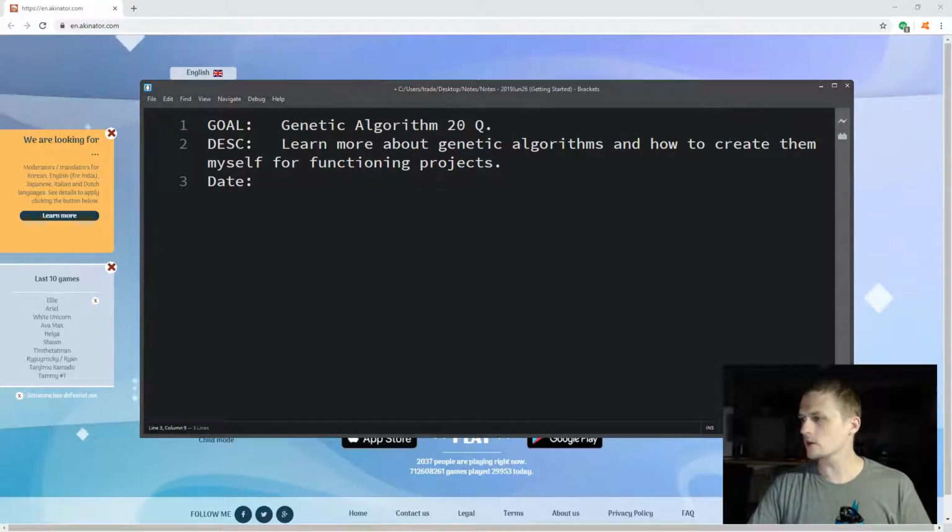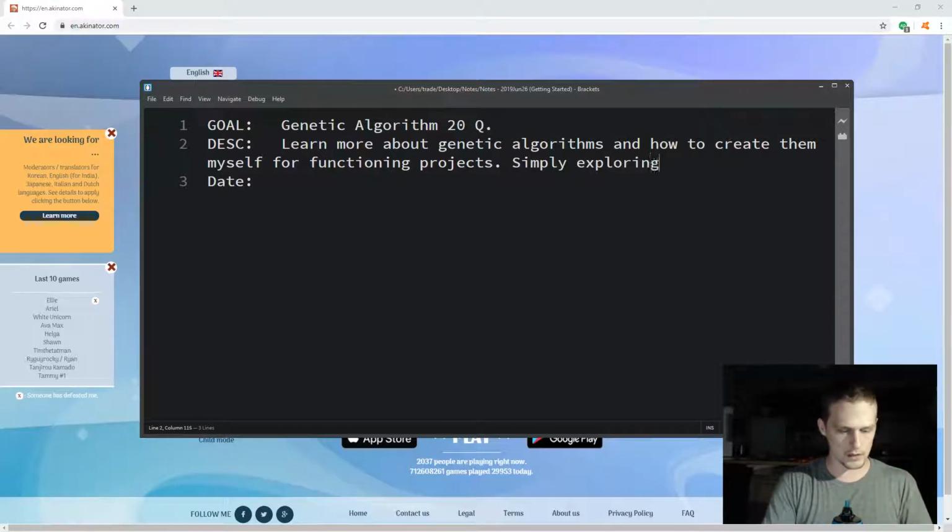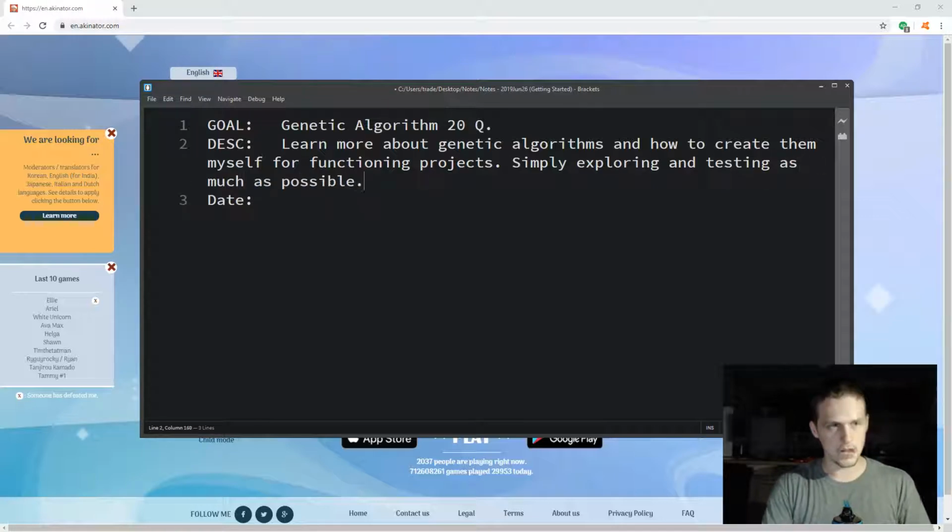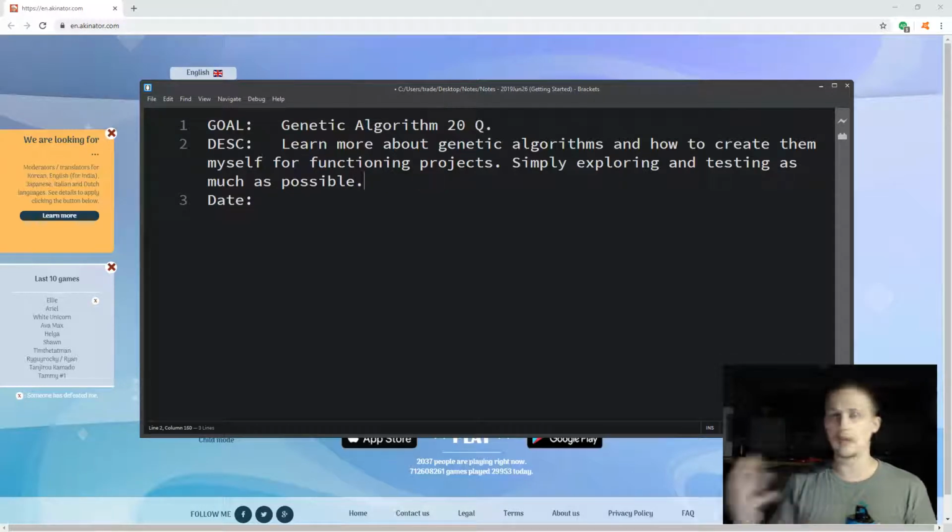No, I'm going to probably give myself this week. For the remainder of these next 3 days, I'm going to give myself just, how can I explore the idea? Okay? Simply exploring and testing as much as possible. And then next week, I'll actually create a genetic algorithm that just, hey, guess the number between this and that.